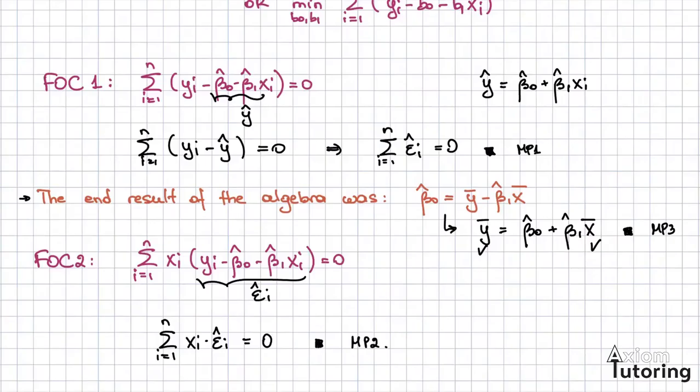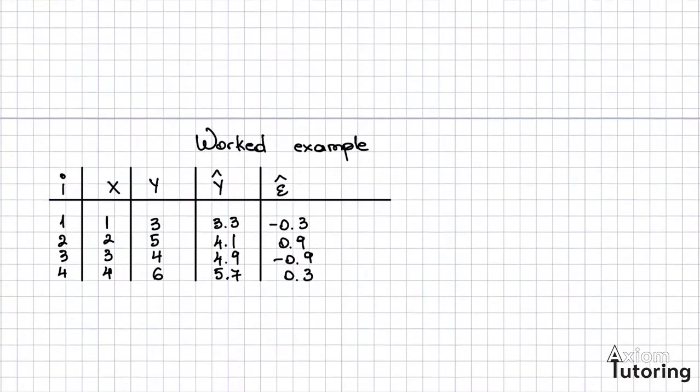To show you that, I have prepared a little worked example in here, and I'll walk you through it. I've just taken a small data set, 4 data points. I have done a few computations already to make this video go a little bit faster. But keep in mind, you've got data given in here, x and y. The i in here is just to indicate that this is my first observation, second, third, and fourth observation.